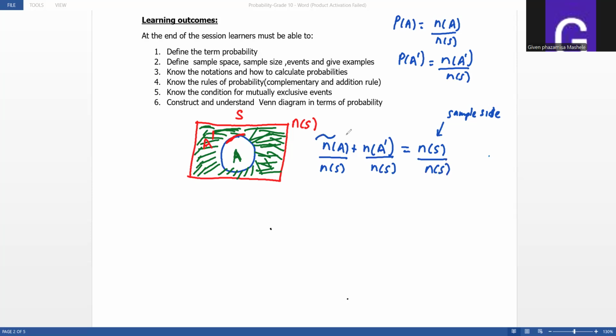This will give us the probability of A, and this will give us the probability of not A, and this becomes 1 because they divide. You see that we end up having what you call the complementary events.